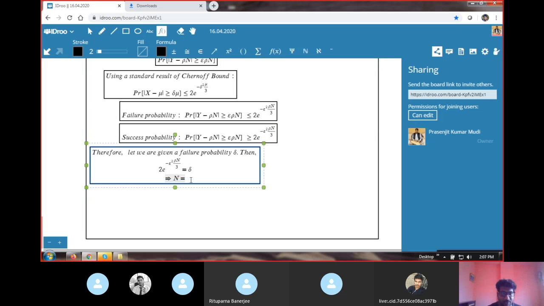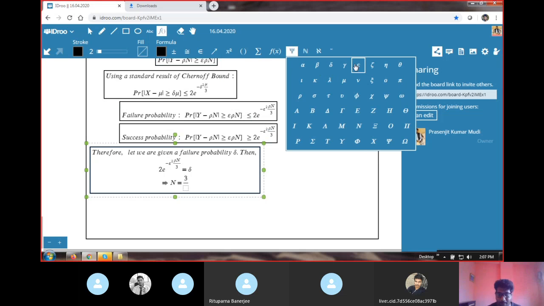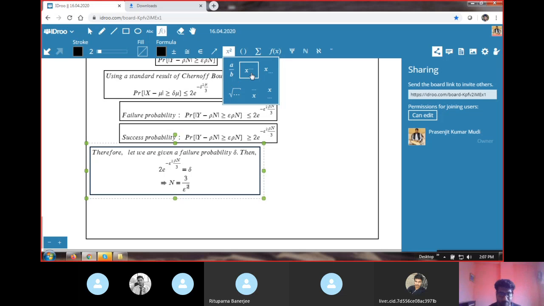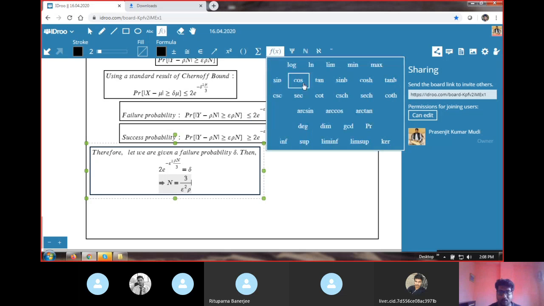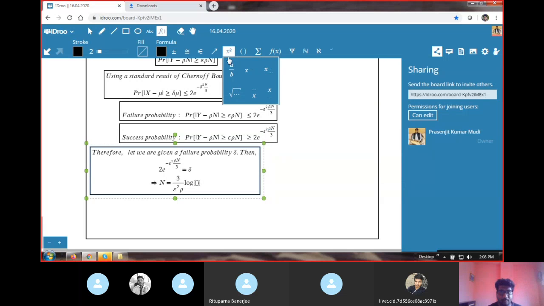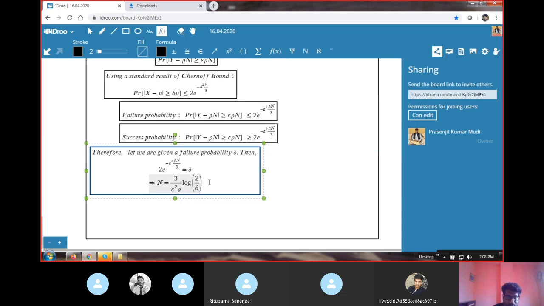So n will be equal to 3 by epsilon square log 2 by delta, where delta is the failure probability.